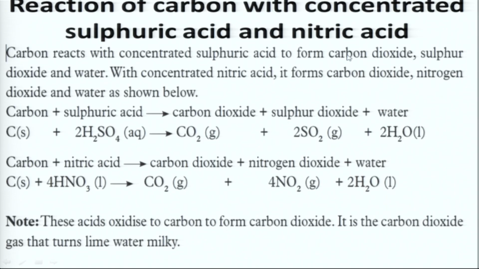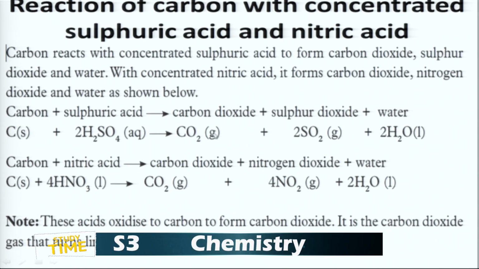So we are saying that carbon reacts with concentrated sulfuric acid to form carbon dioxide, sulfur dioxide, and water. When you react carbon with sulfuric acid, come on the equation here. This is carbon plus sulfuric acid. You get carbon dioxide, sulfur dioxide, and water.